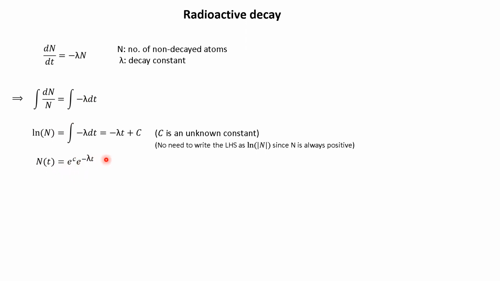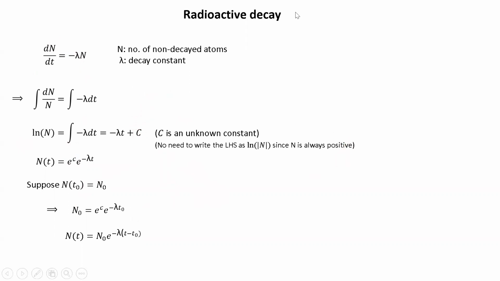The constant up front really depends on the N you have at t equals 0, or t equals t naught. This unknown constant can be solved only when you tell me the so-called initial condition. This is the background that I believe you are already familiar with.